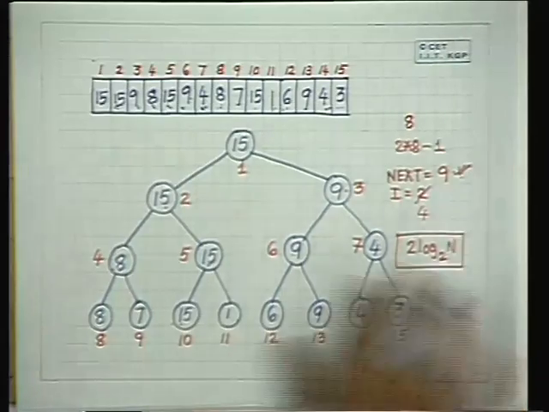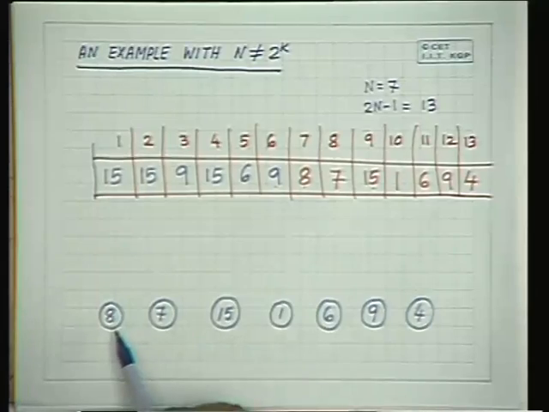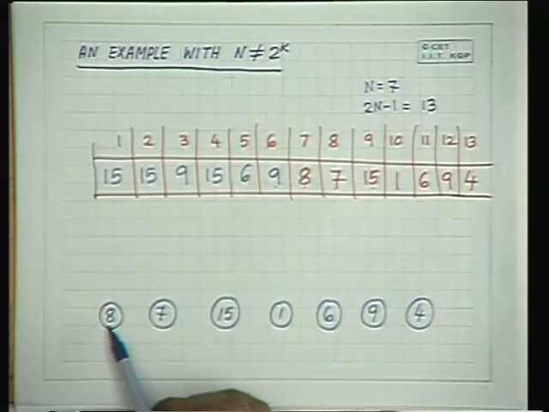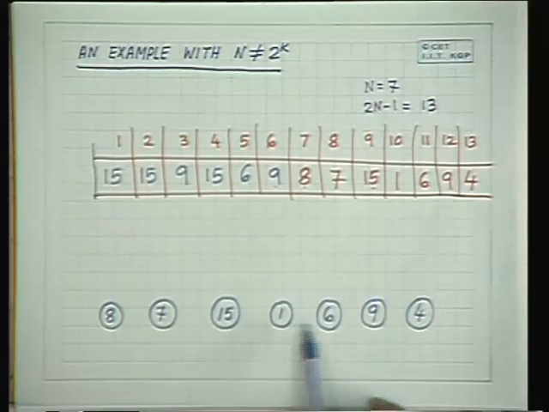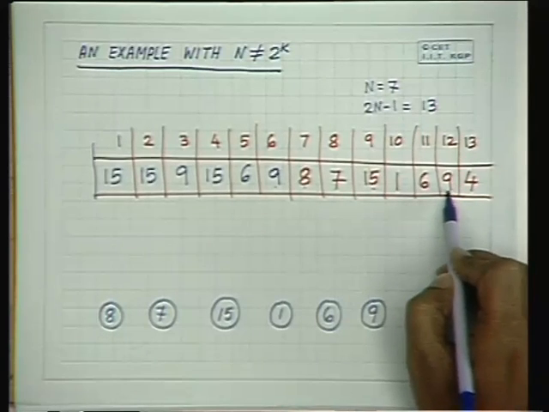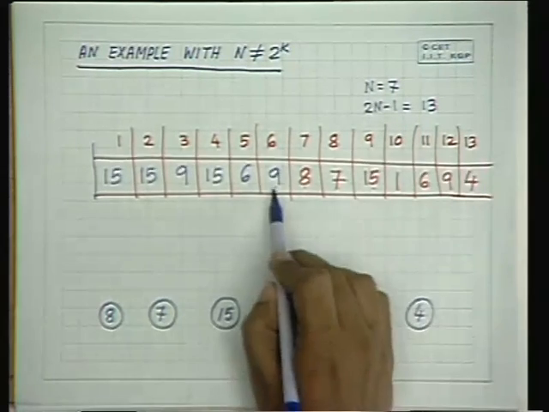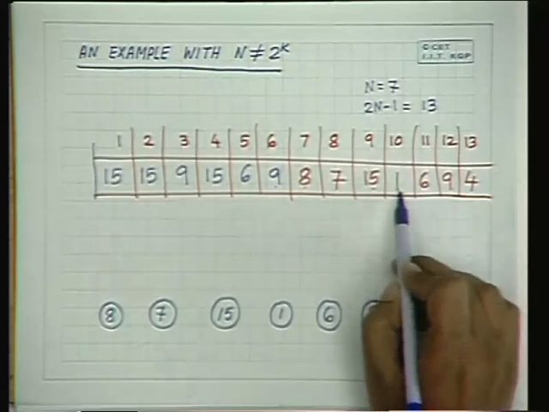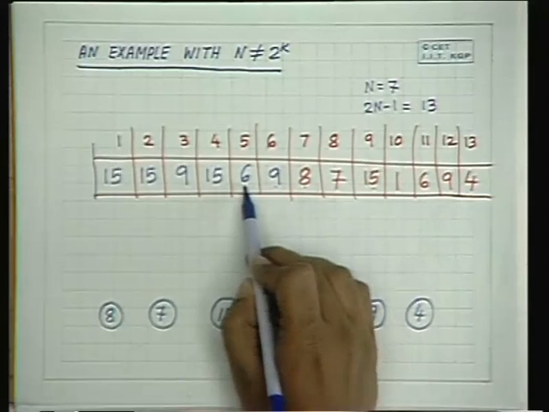So let's work this out on an example, and we'll see how we will be able to get it. Let us take this one. We have got 8 elements: 8, 7, 5, 15, 1, 6, 9 and 4. And how did we build up the tournament? 9 and 4 in 12 and 13 is stored in 6, 10 and 11 is stored in 5.